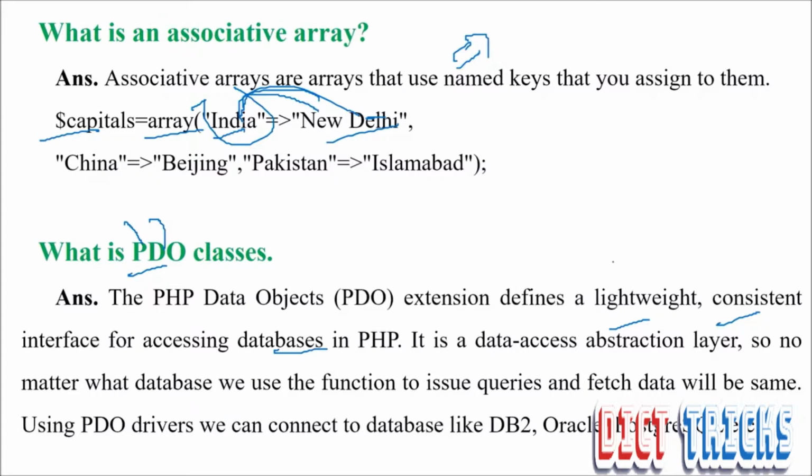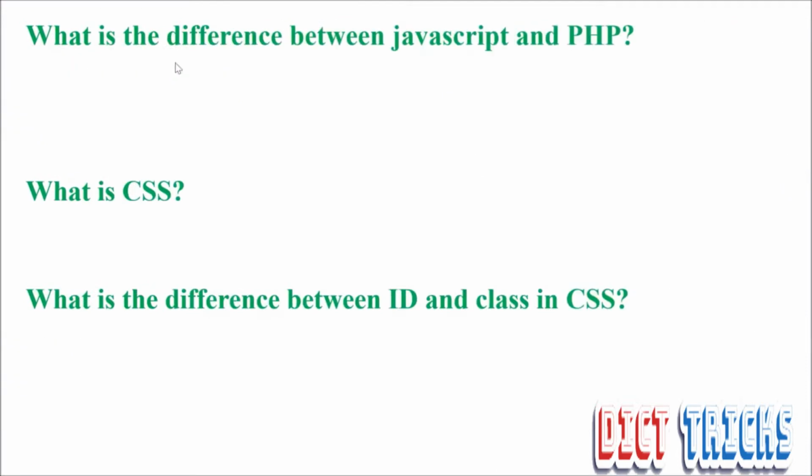It is a data access abstraction layer. So no matter which database you use, this is important. No matter what database, this is database friendly, or you can say database neutral. We use the functions to issue queries and fetch data, and that will be the same. And using these PDO drivers, we can connect to databases like, say, DB2, Oracle, PostgreSQL, etc.